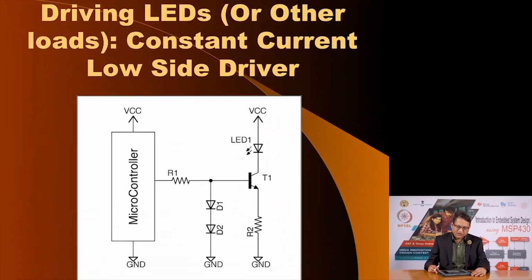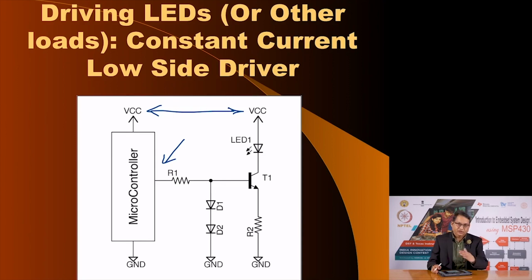This is a constant current low side driver, which means this is a constant current sink because the current is sinking into the switch. Look at the configuration. Here is our output from the microcontroller. Our microcontroller is MSP430. Instead of regular VCC from a regulated output, maybe this is a battery, as would be the case, let us say, in a TV remote.